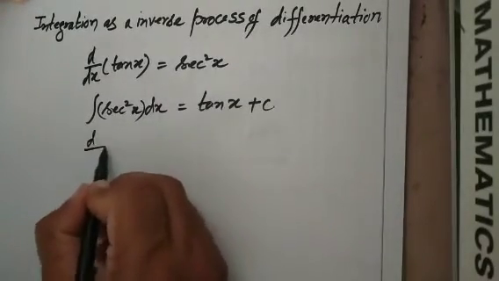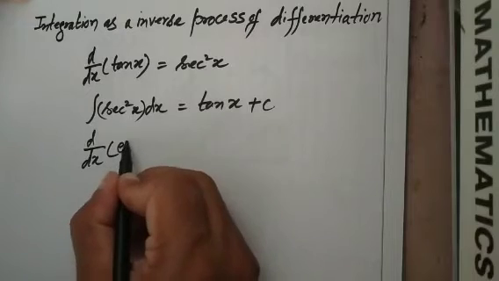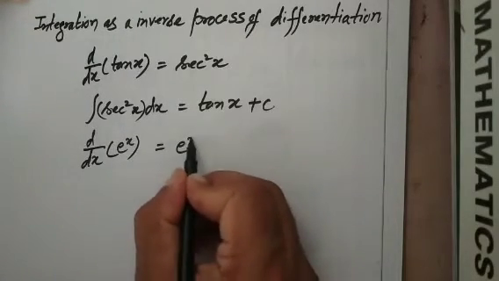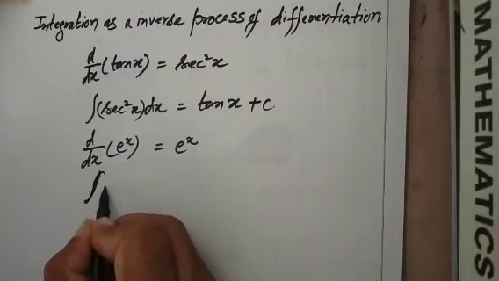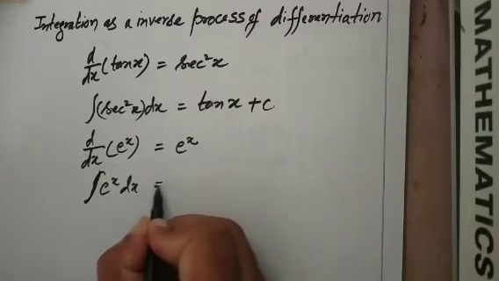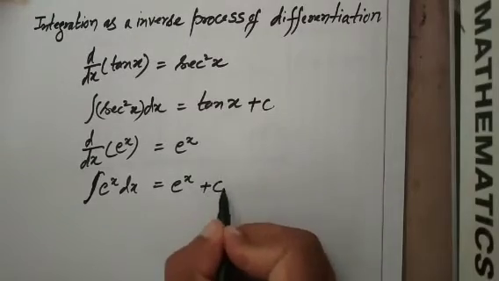Similarly, you know that d by dx of e power x is e power x only, so we get the integration of e power x as e power x plus c.